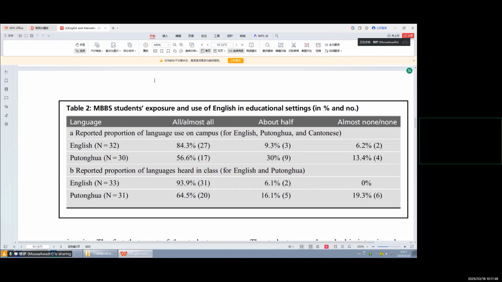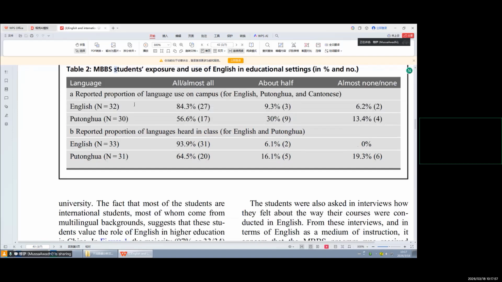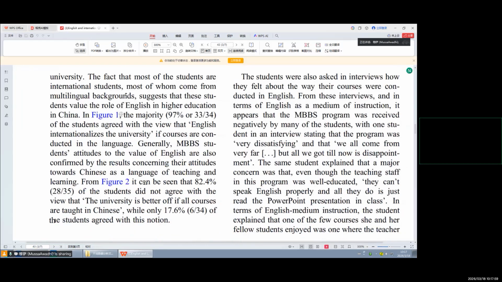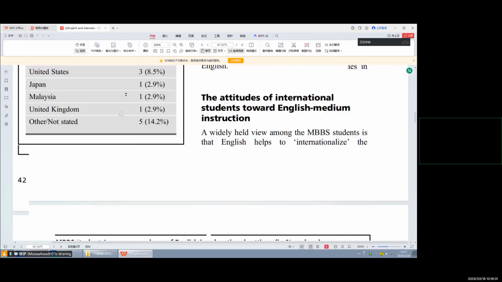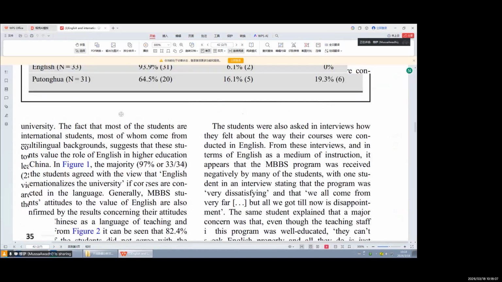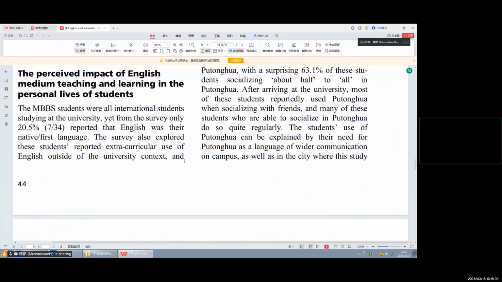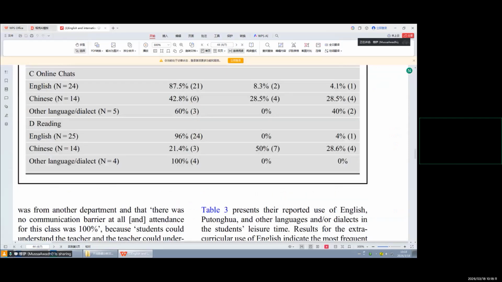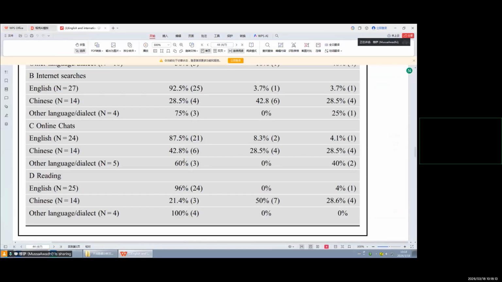No. We have only numbers, right? We can go through the tables and figures.